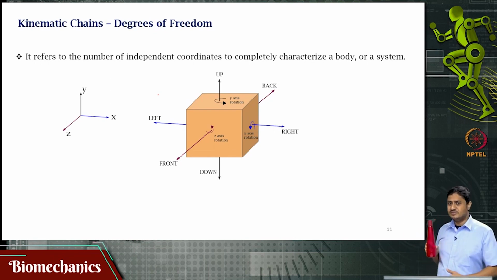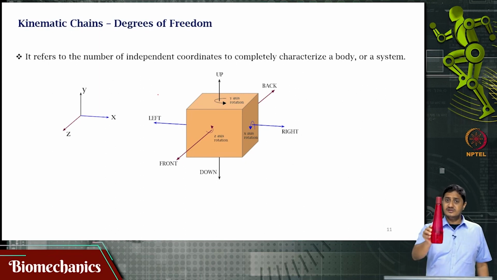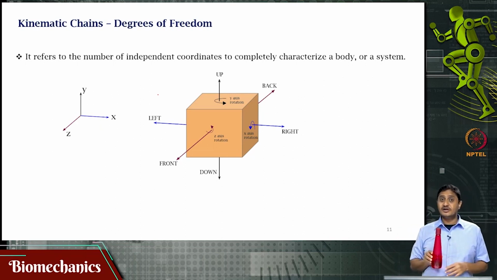This is something that you may not be able to see, but I can show you. So, these are three translational degrees of freedom. It can do that, it can do that, and then it can do that. Translation degrees of freedom.